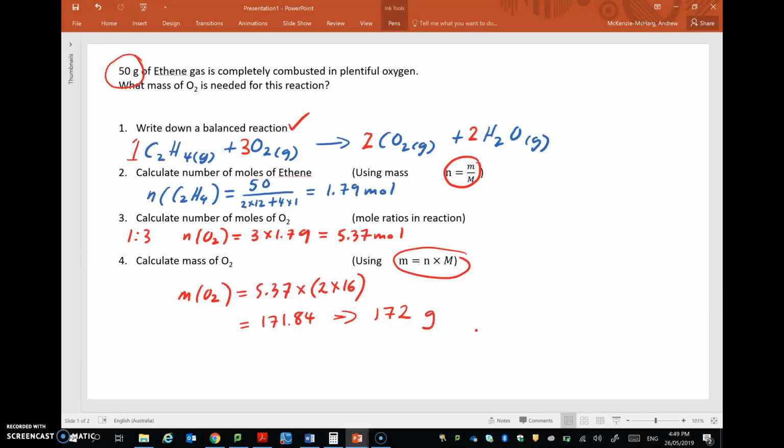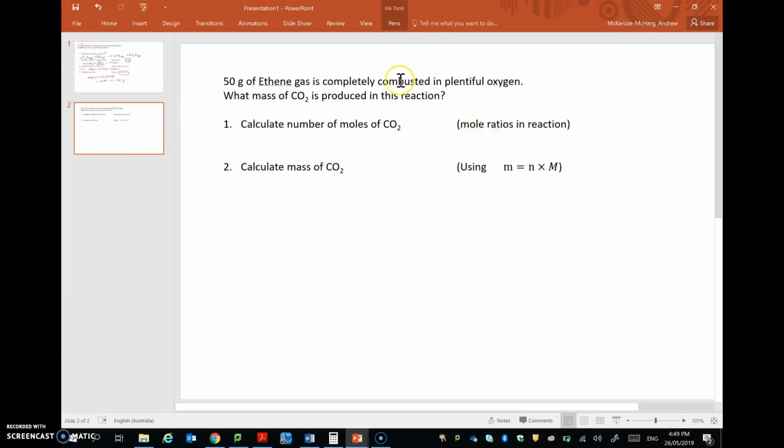Okay, now the next part of this is very similar. So you might want to pause and try this on your own, and then I'll go through the whole thing in one go. Okay, so firstly, we want to figure the number of moles of CO2, so that's the mole ratios in the reaction.